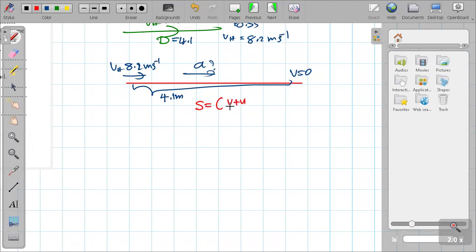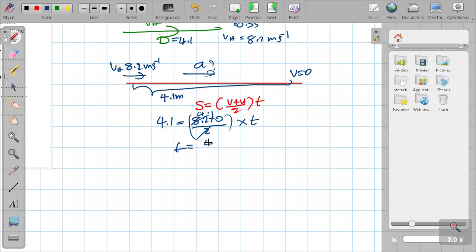V plus u over 2 times t. So you can apply 4.1 is equal to 8.2 plus 0, final velocity is 0, over 2 times t. So 4.1 will be there.